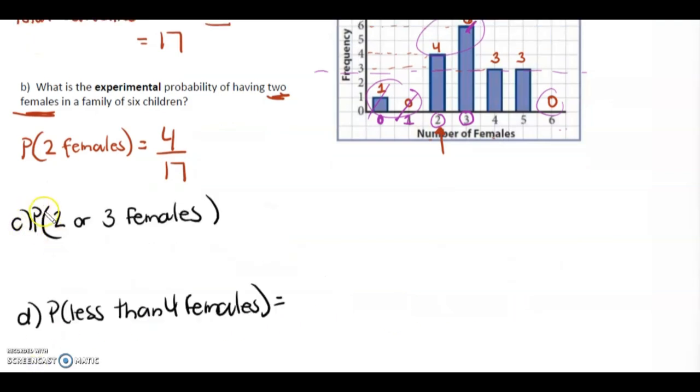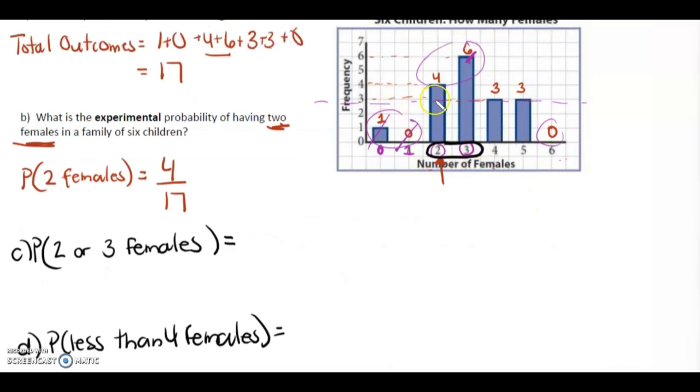So D, what is the probability that the families have 2 or 3 females? So let's take a look at 2 or 3 females. We have 4 families and 6 families. So 4 out of 17 families have 2 girls, and 6 out of 17 families have 3 girls.